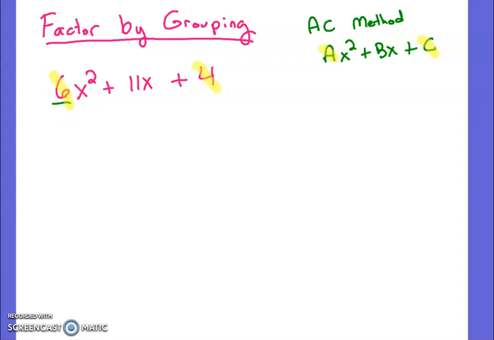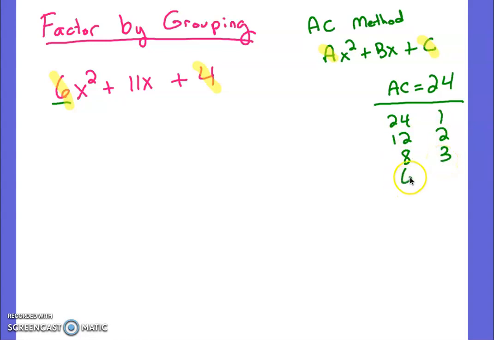So you multiply those together, so AC, a times c, is actually 24 in this problem, 6 times 4. And so you start thinking of all the multiples of 24 that multiply together. Well, it could be 24 times 1, 12 times 2, 8 times 3, and 6 times 4 to get to 24.